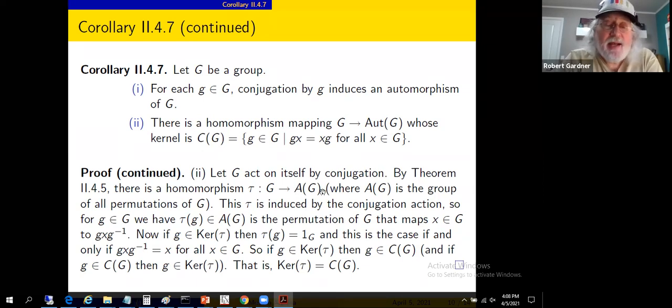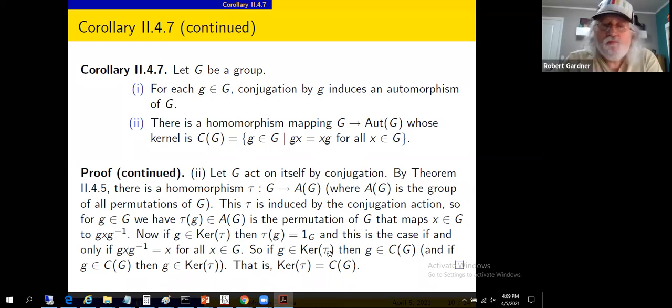That'd just be the identity mapping on set G. So if g is in the kernel of tau, then tau takes g to the identity mapping on set G. That's what the kernel is by definition, and that's what the identity is over here in the codomain of that mapping.